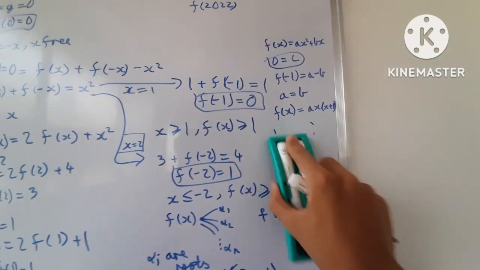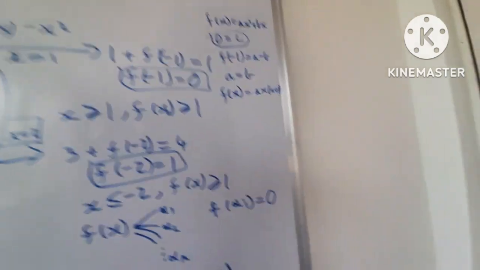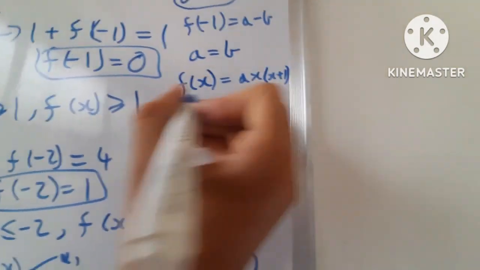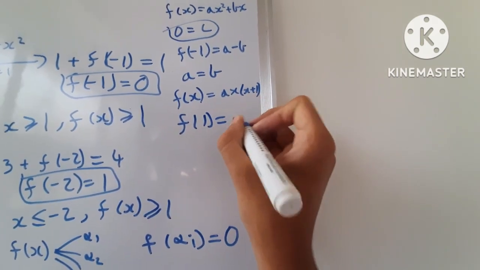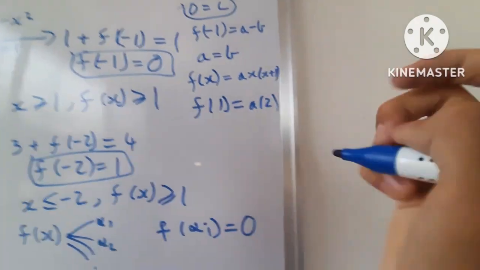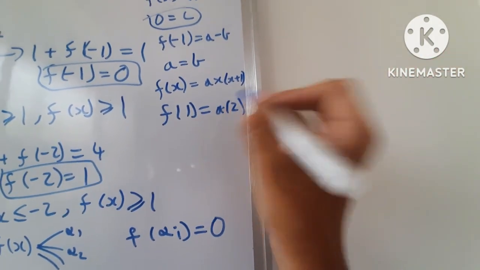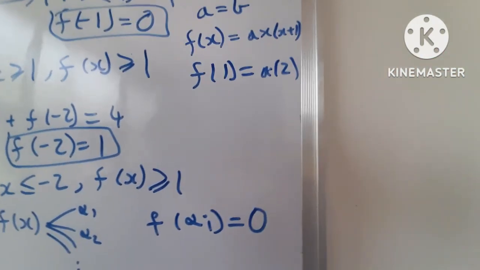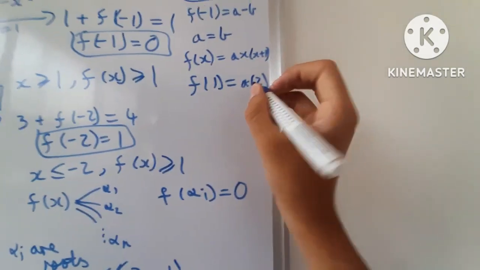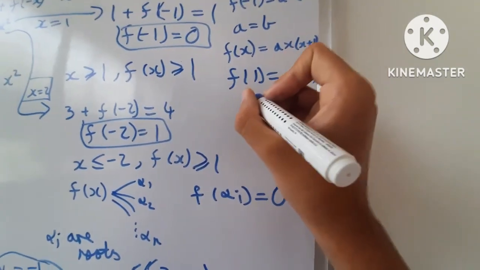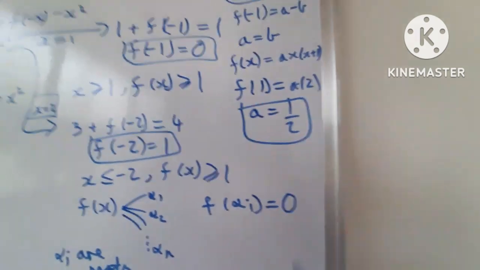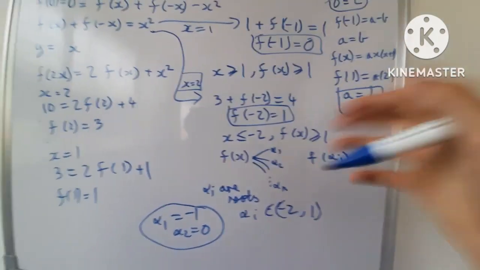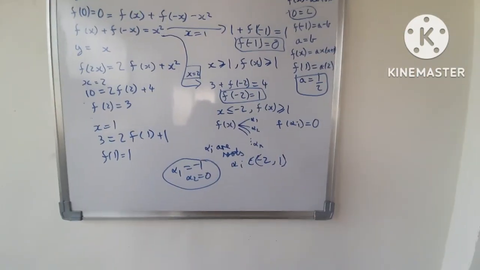Why am I so tilted? Okay, so f of 1 is equal to a times 2, not a of 2, just in case you're confused. A is a constant, it's not a function. Anyway, f of 1 is equal to 1, so that's how we know that a is equal to 1 upon 2, or half.